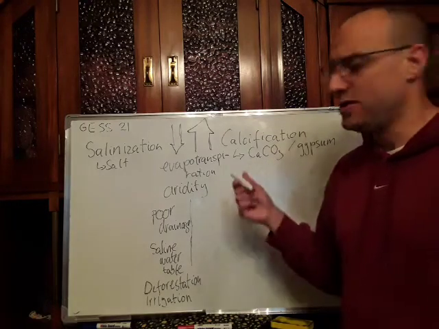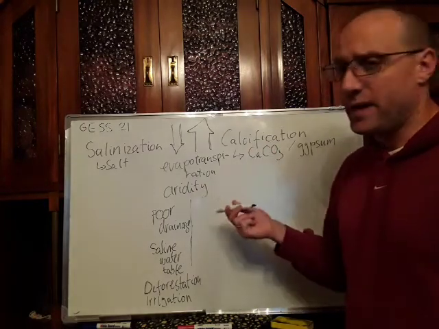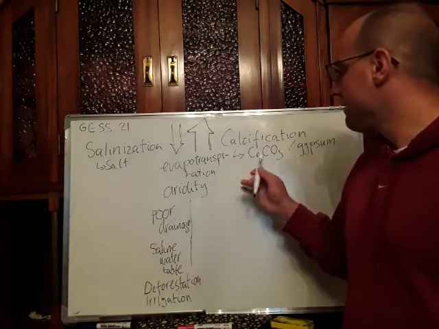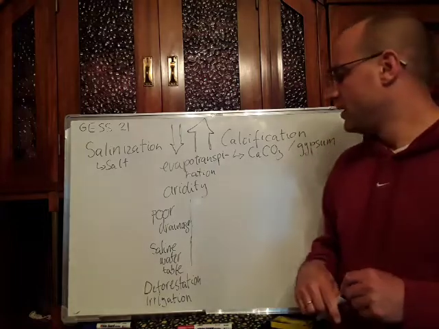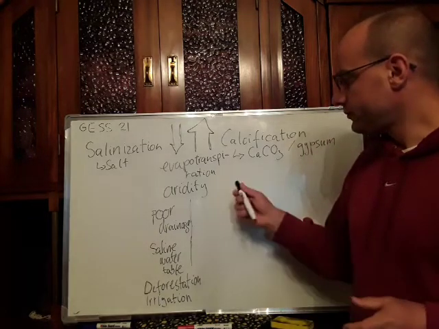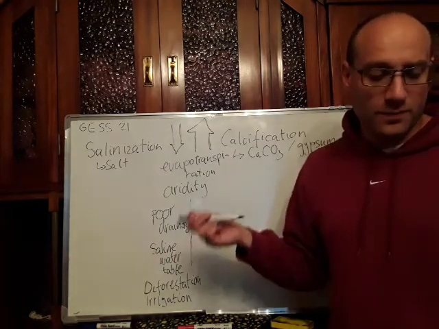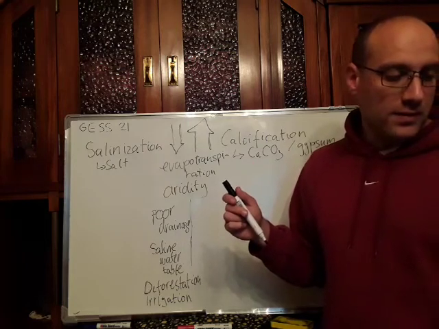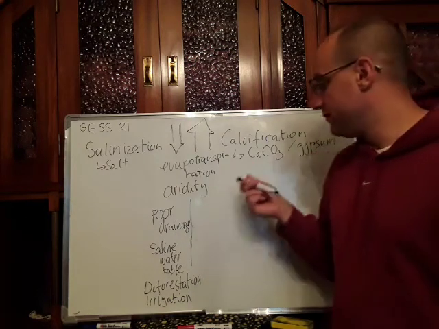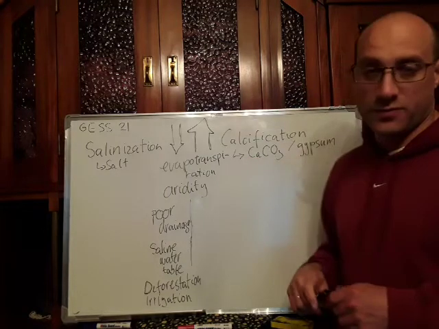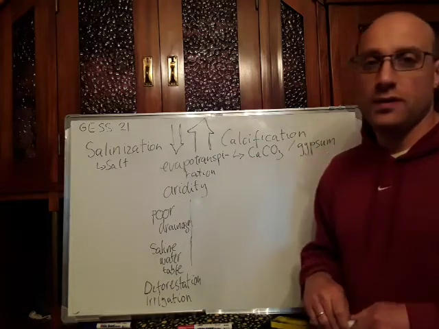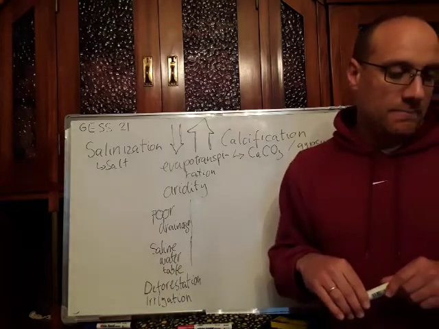And calcification, again, is mainly about arid landscape, but it can be related to a local soil or parent material that leads to the ability of calcium carbonate and gypsum to accumulate.